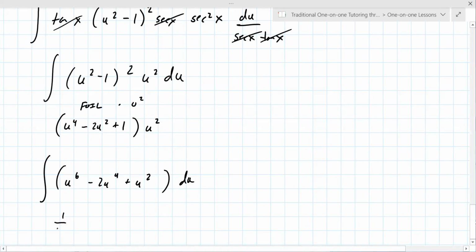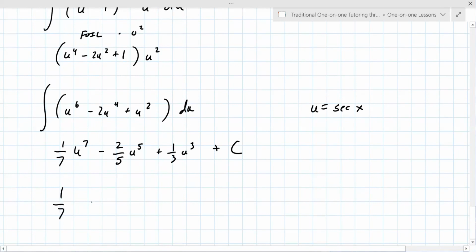So it's 1/7 u to the 7th minus 2/5 u to the 5th plus 1/3 u to the 3rd plus c. And then your u is secant x, so we substitute that back in: 1/7 secant to the 7th x minus 2/5 secant to the 5th x plus 1/3 secant cubed x plus c.